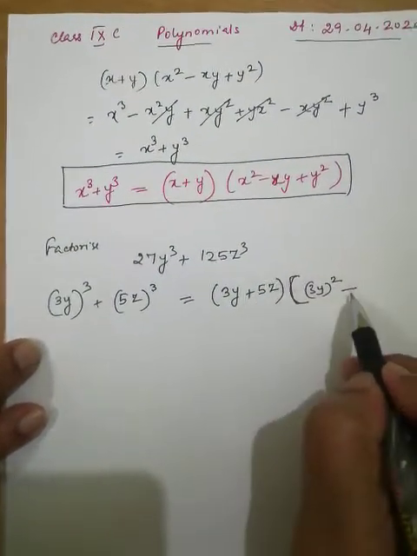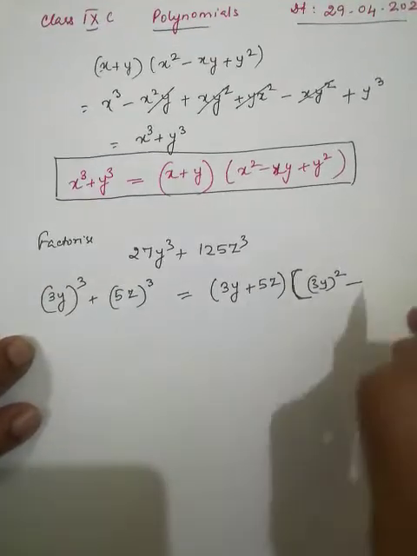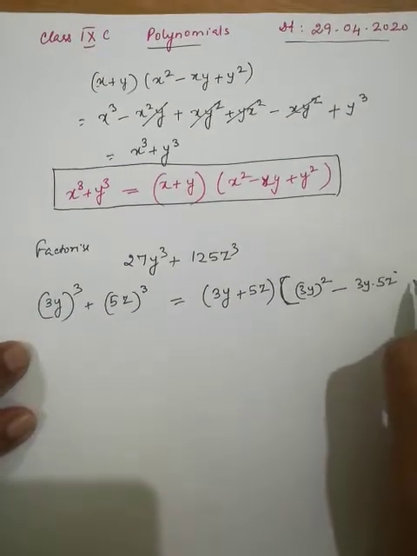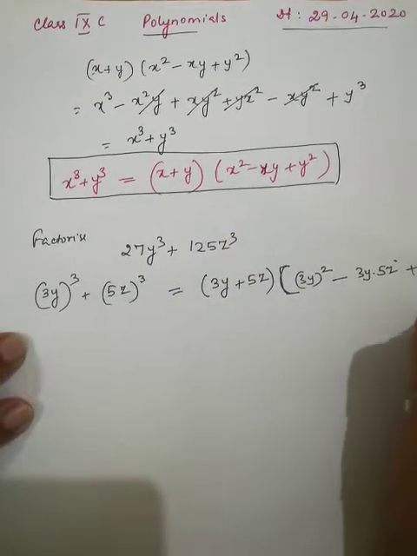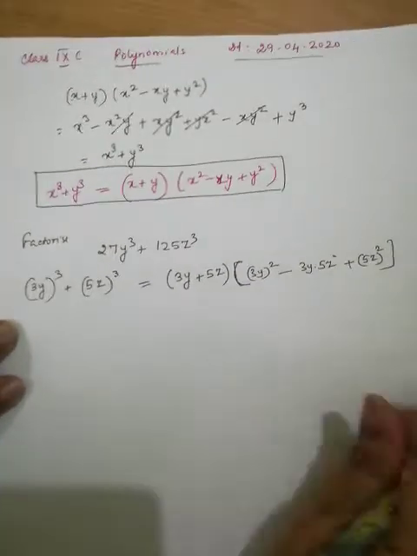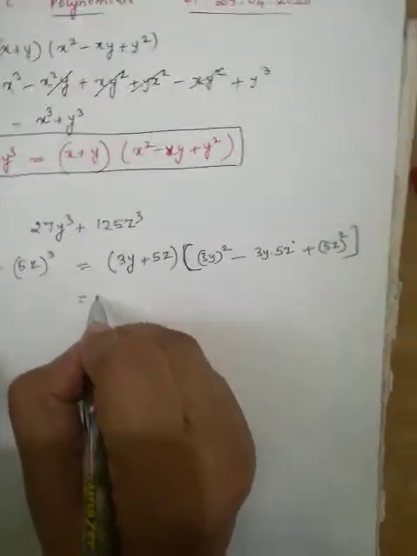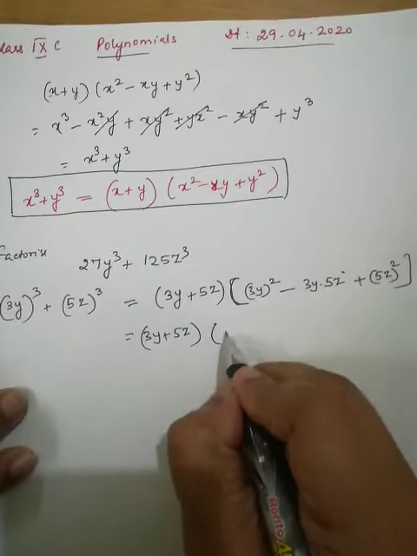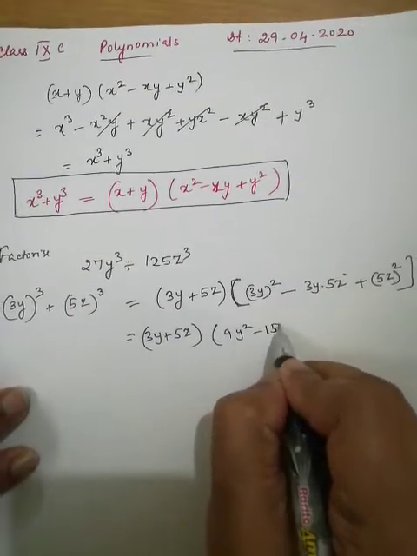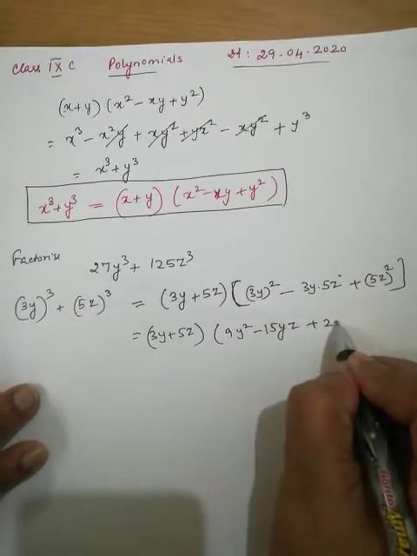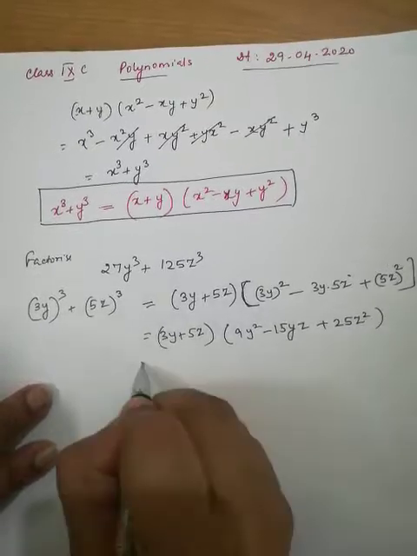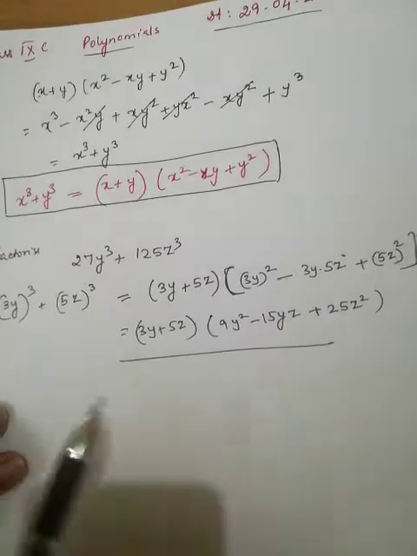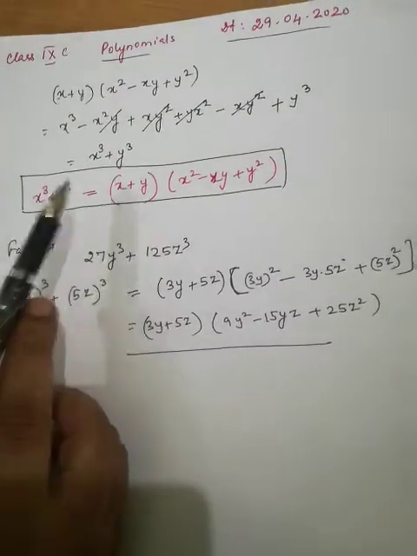Remember, if this is plus, this is minus, 3y into 5z and plus 5z the whole square. Okay, now we will simplify this, and what you get is 3y plus 5z into 9y square minus 15yz plus 25z square. So you can see that now this is factorizing very easily by using this as an identity.